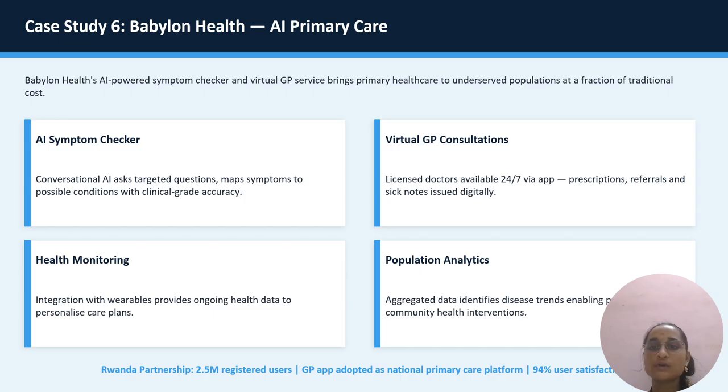It gives low cost 24 by 7 access to healthcare for millions, especially in region with few hospitals. It combines AI triage, real doctor, wearable data, and public health analytics in one system.